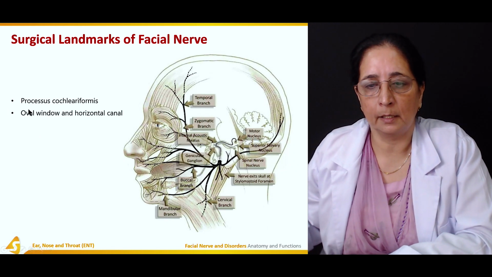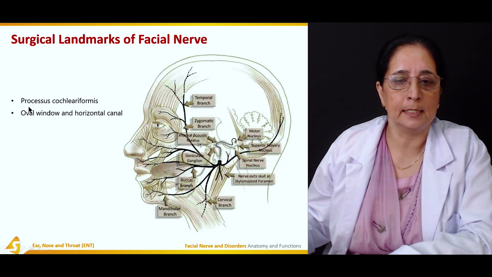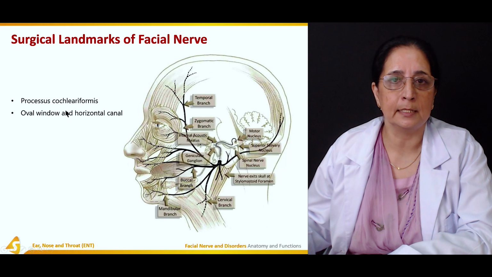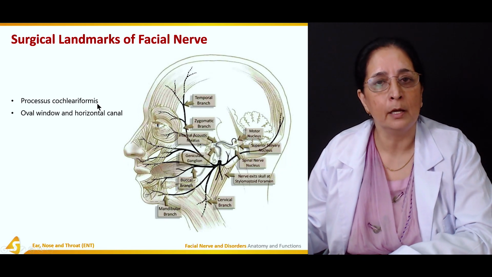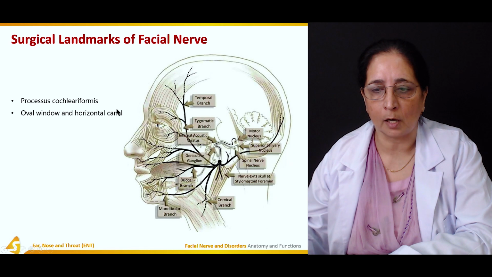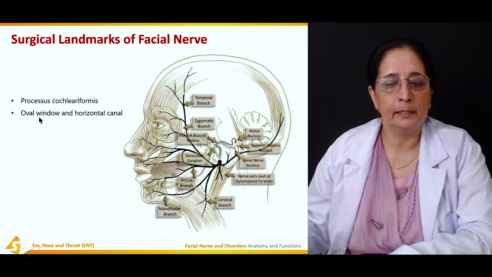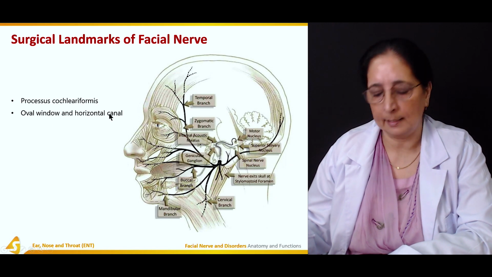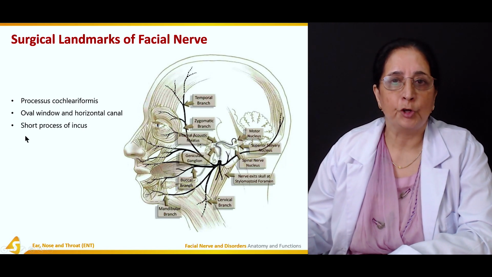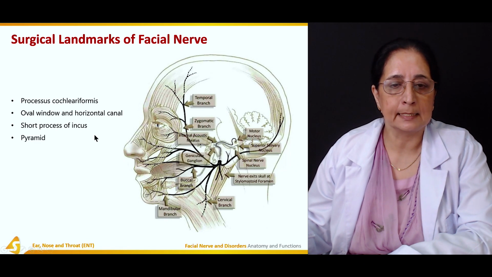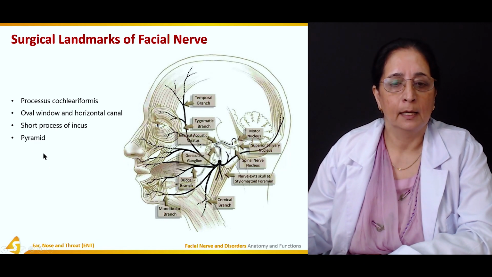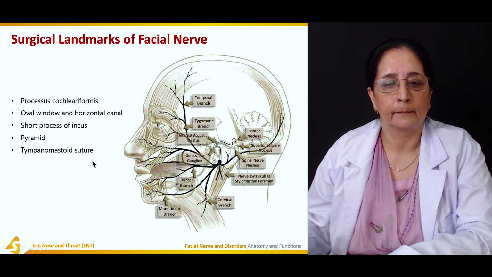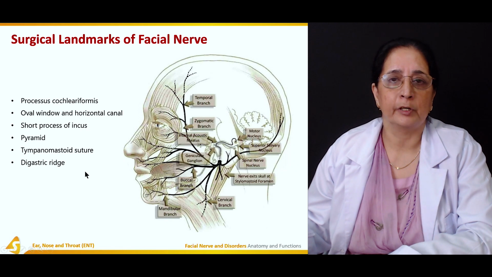One landmark is the processus cochleariformis, from the term cochlea. Then another is the oval window and horizontal canal. Then there is the short process of the incus, the pyramid, and the tympanomastoid suture, and the digastric ridge.